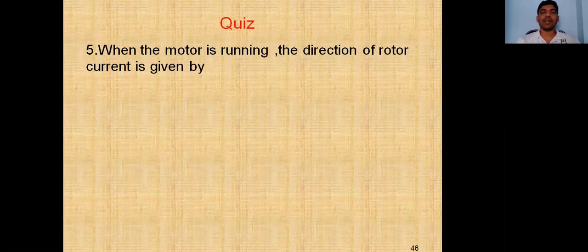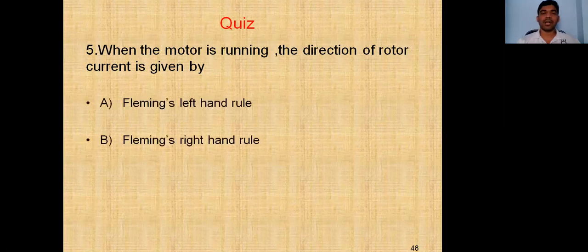When the motor is running, the direction of the rotor current is given by: option A, Fleming's left hand rule; option B, Fleming's right hand rule; option C, thumb rule; option D, none of these.